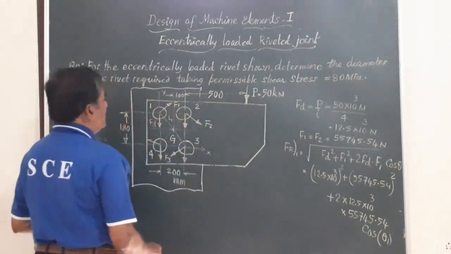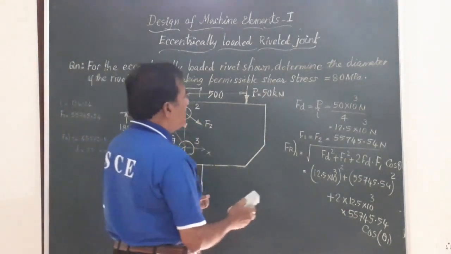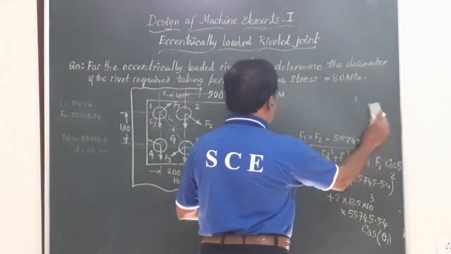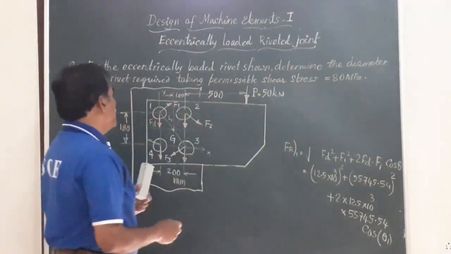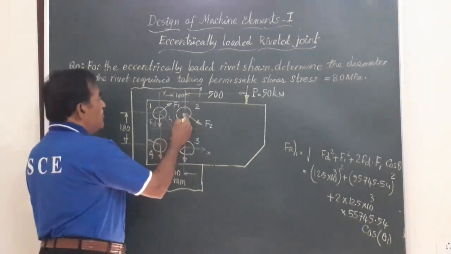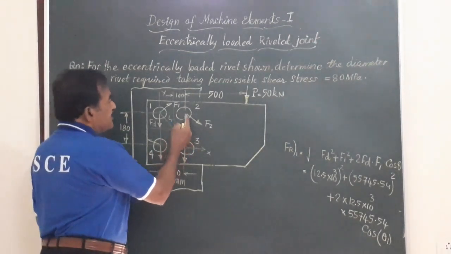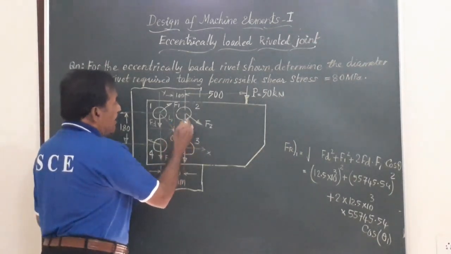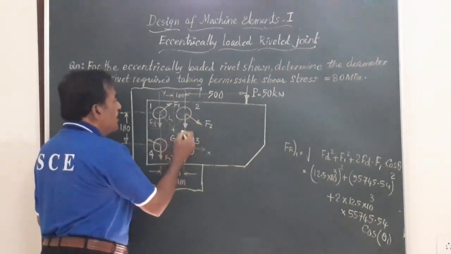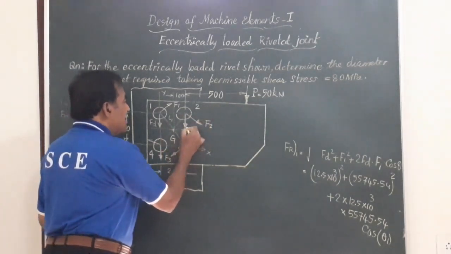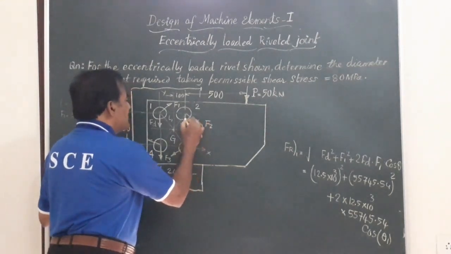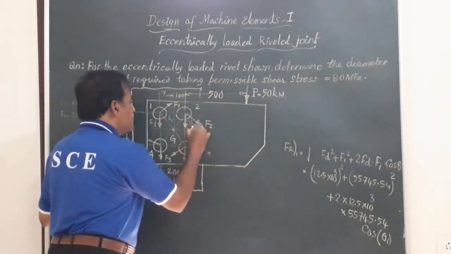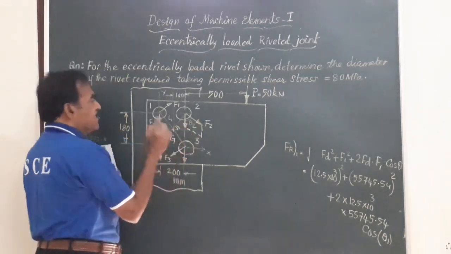So friends, if you observe rivet number 2, you find that at rivet number 2 you have the direct load acting downward and the secondary load at an angle, perpendicular to L2, and the angle included between those is called theta 2.